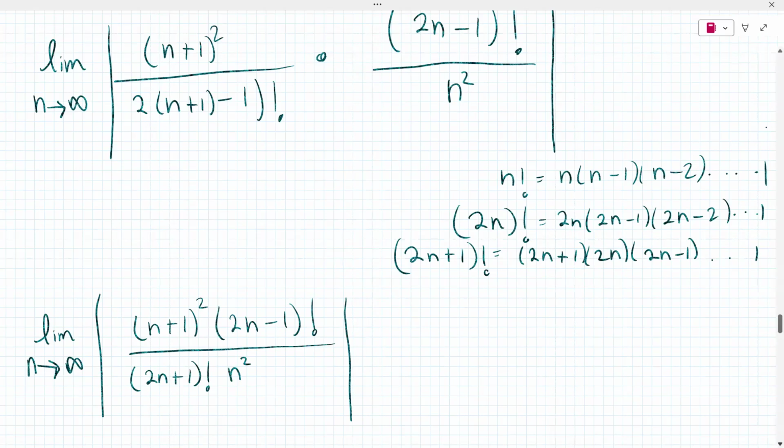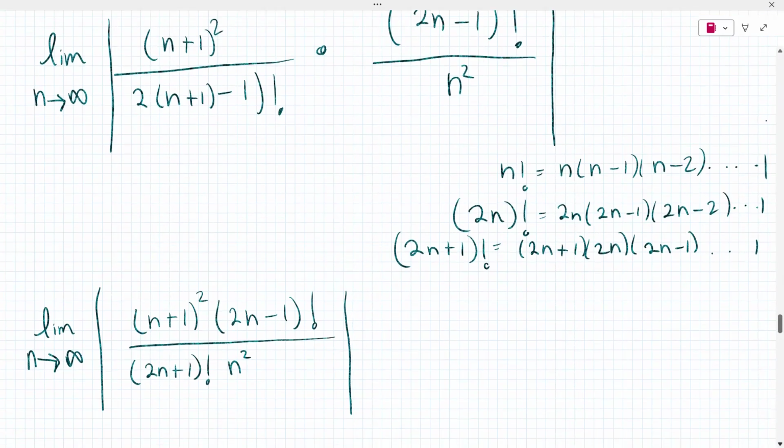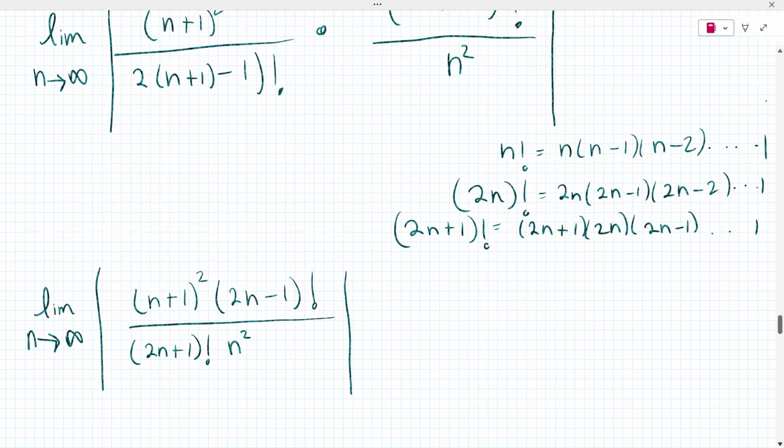Okay, and when you simplify that, what do you see that cancels?